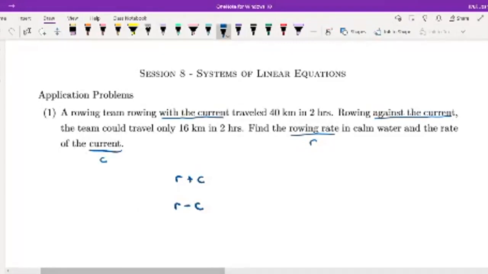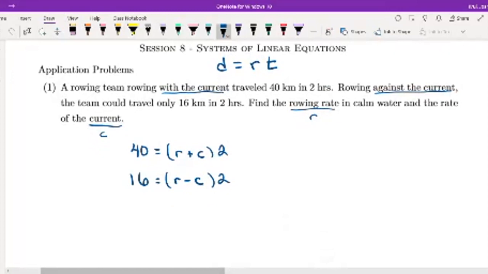Next thing you want to remember is that distance is equal to rate times time. Therefore, we can set up these two equations with the distance on the left, but we have to multiply the rate times the amount of time that they were traveling. And these are going to be our two equations.